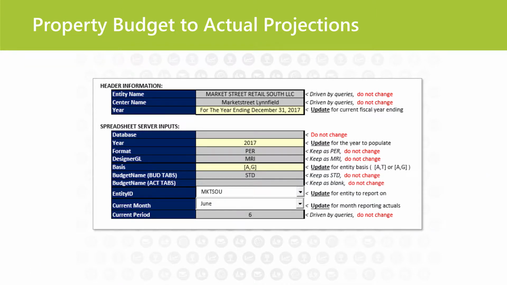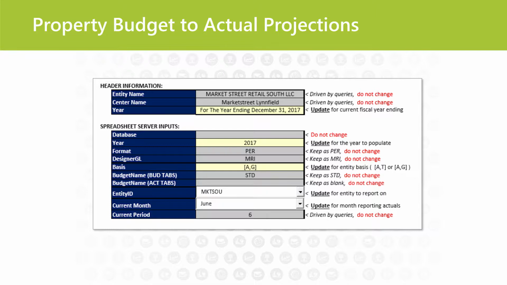So this is also an input tab where we've been able to build out a schedule to do budget to actual projections and analysis, so basically a cash flow projection for the rest of the year. The user of these reports just has to go in and select the entity, the period, and the date, and then it builds out the rest of the report for us.